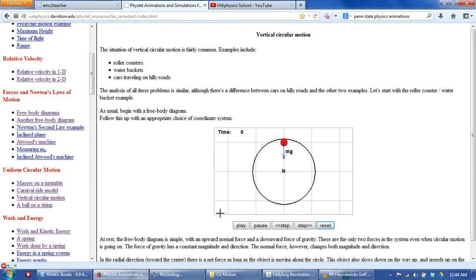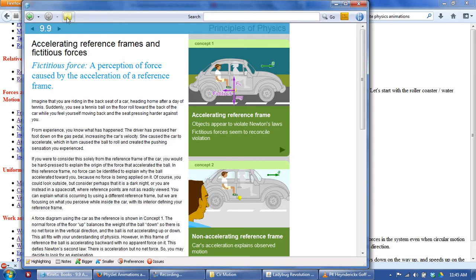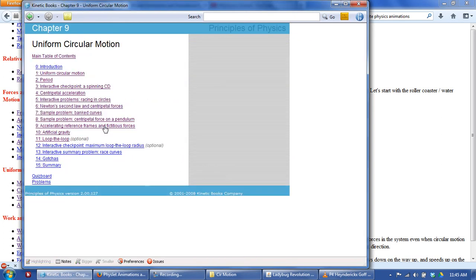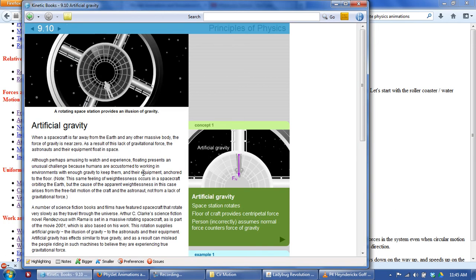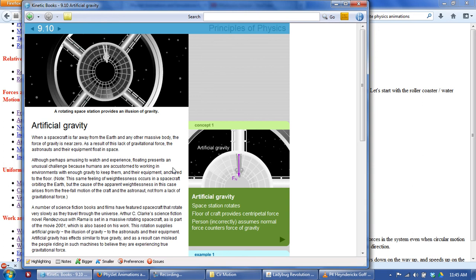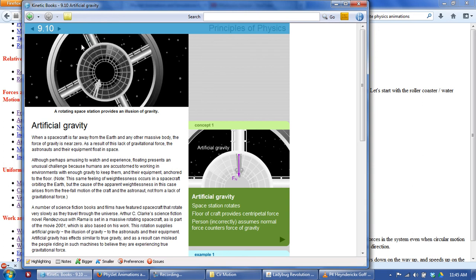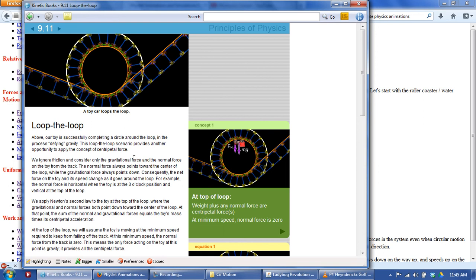That can also be shown. Here's another little animation of it. Notice the weight versus the normal force, as this goes around in the circle. This can be used in many ways. One example that they bring up here in your book is causing artificial gravity, because you can use the normal force providing your centripetal force to create a feeling of gravity, and that's spinning.